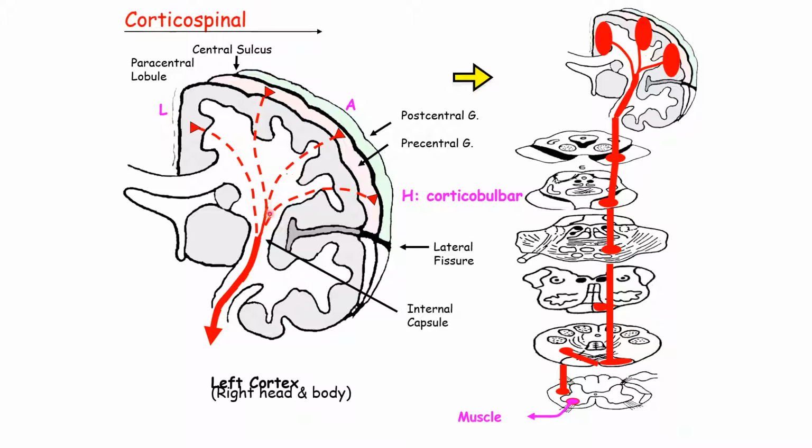They join up at the internal capsule, as we see here. And all of these that are in the left hemisphere, in the left cortex, will control the right head and body. And we see that pathway traveling in this location.